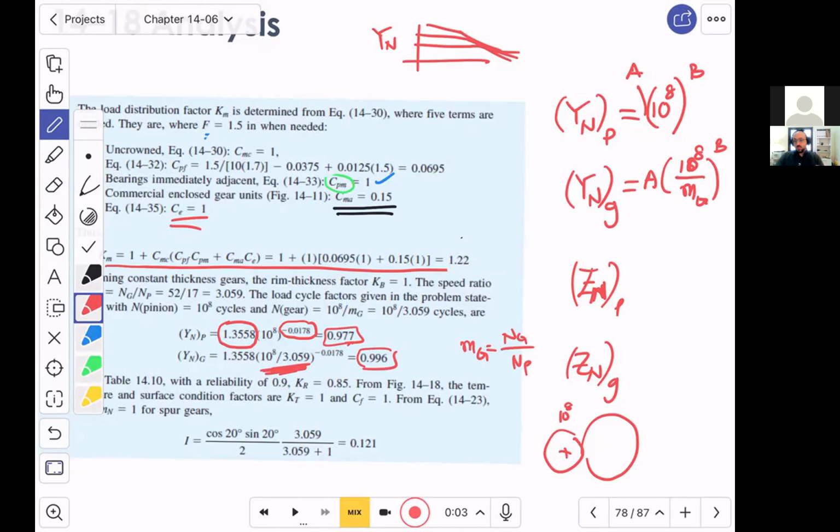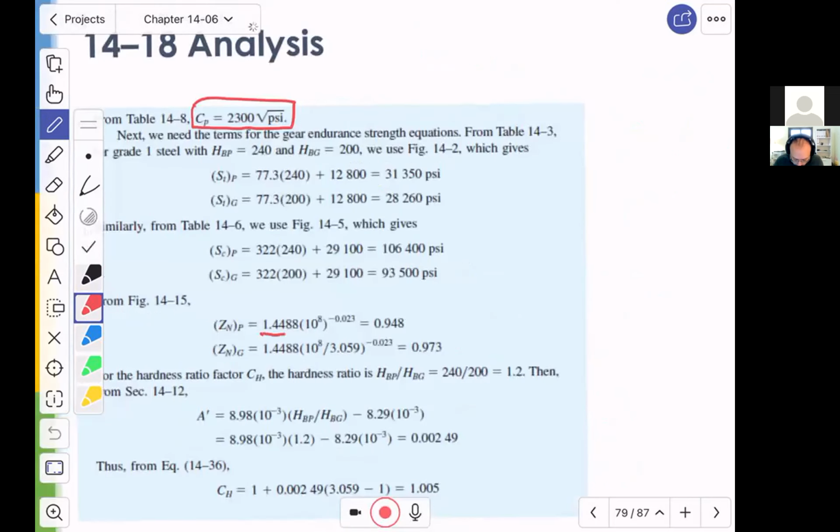Now, you can do the same. The equation for Zn is given to us, which is almost the same. Let's call it A prime and then n to the power B prime. What is A prime, B prime? It is over here. A prime, which again I made up, is 1.4488. What is B prime? It is minus 0.023.